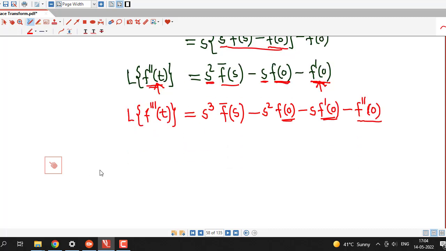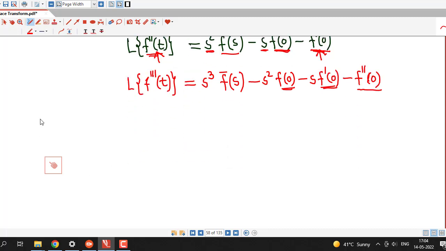So we can generalize this for the Laplace transform of any derivative of any order.